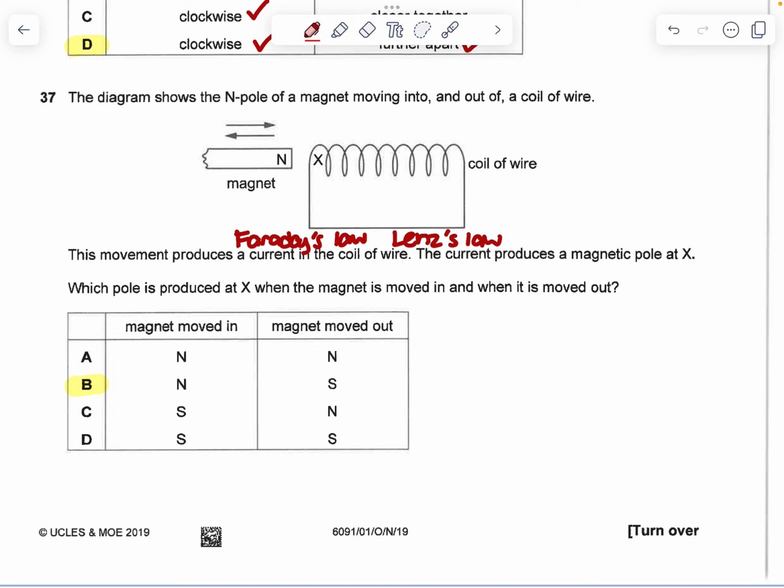This current produces a magnetic pole at X. What pole is produced at X when the magnet is moved in and when it's moved out? We mentioned before, Mother Nature wants to remain status quo. So if the motion is towards the right, it will form a north pole to resist the magnet. But if the magnet is going out, it should have a south pole to attract back the magnet.